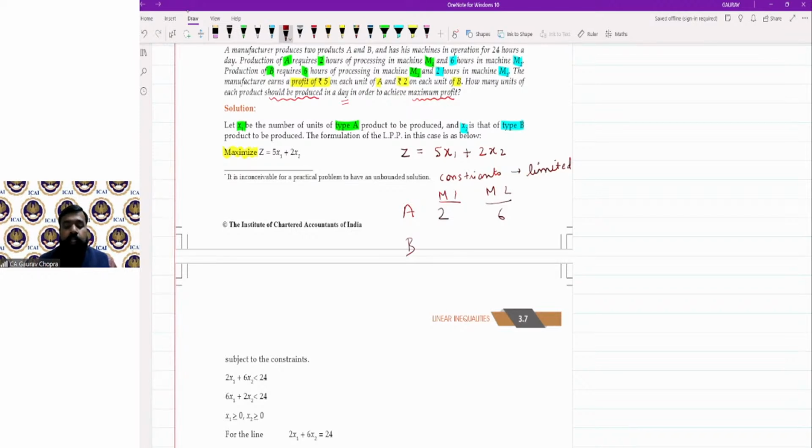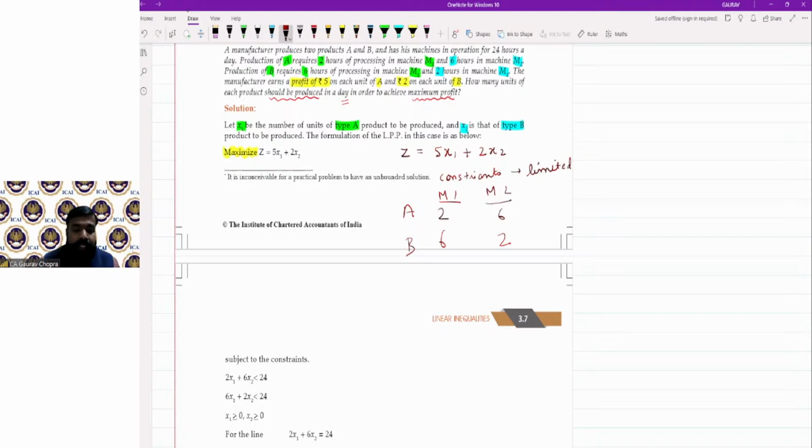B को अगर हमें बनाना है, we require 6 hours in machine 1 and 2 hours in machine 2. Now what is the limitation? That is there are 24 hours in a day. हमारे पास सिर्फ 24 घंटे हैं पूरे दिन में मशीन चलाने के लिए, उससे ऊपर वैसे भी नहीं हो सकते. तो this is a limitation, this is a constraint.